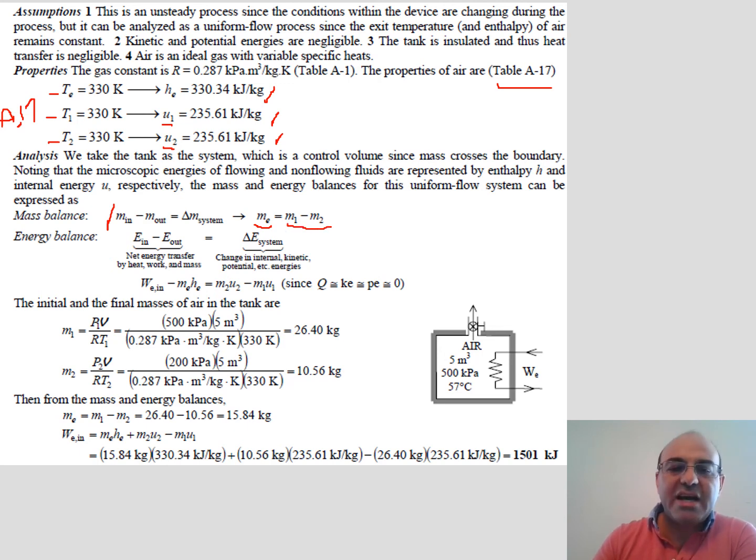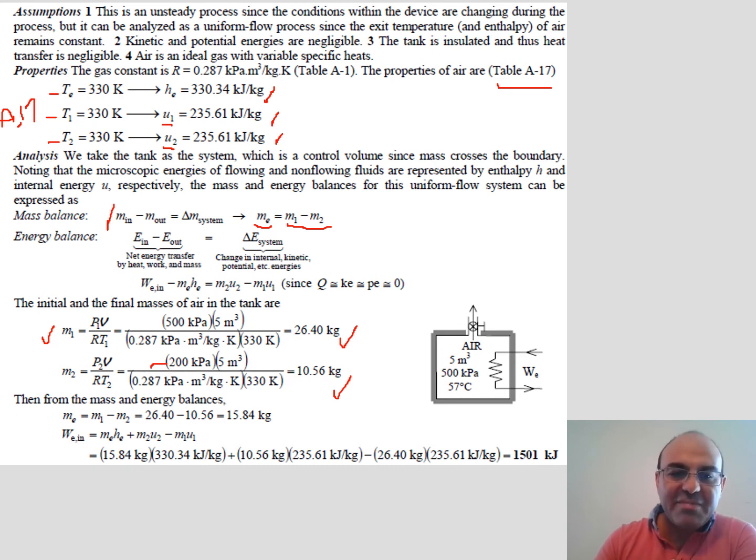So now we can go ahead and, using the ideal gas law, find these masses. m1 is P1V, which is constant, over RT1. And m2, the problem tells us that pressure 1 is 500 and the final pressure is 200. So we can find m1 and m2, and therefore we can find the mass that has left the tank, m_e equal to m1 minus m2. So that's the mass balance.